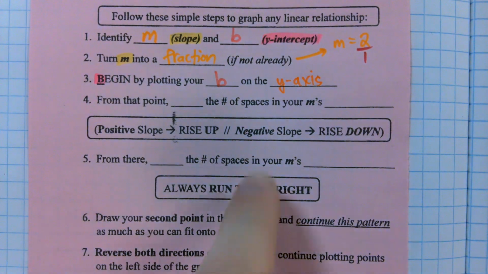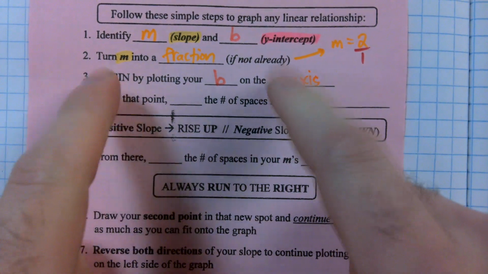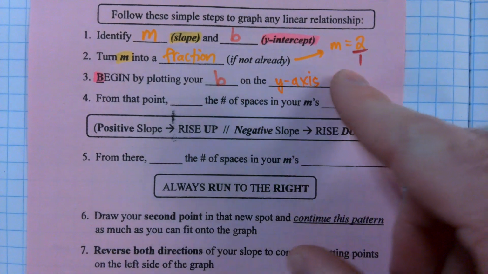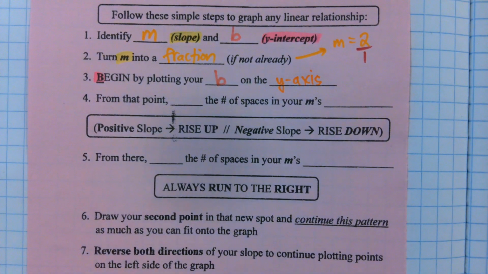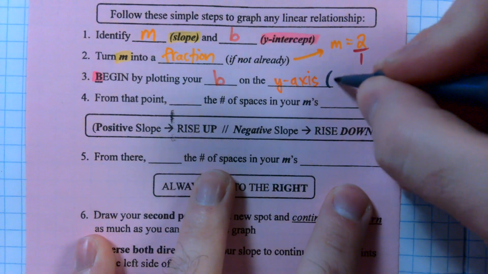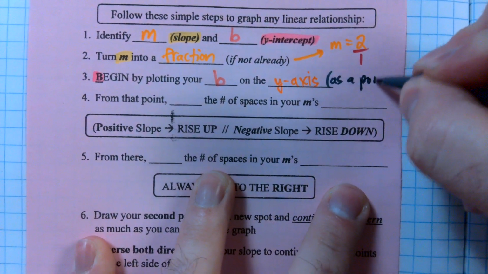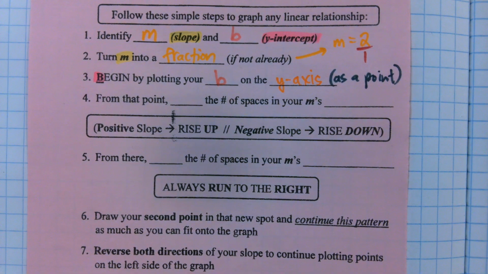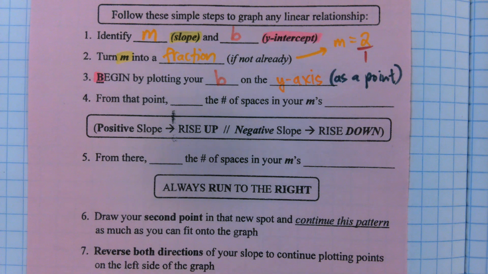We're going to plot our b on the y-axis. And that's just a point. So if my b is 2, I'm going to find 2 on the y-axis, make a point. If my b is -6, I find -6 on the y-axis, and boom, make a point.